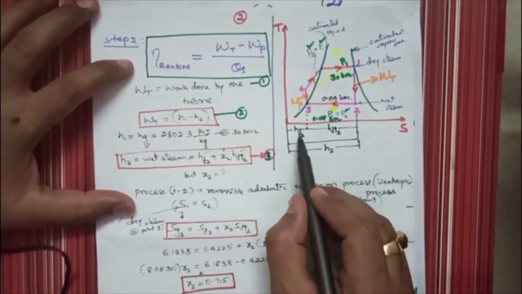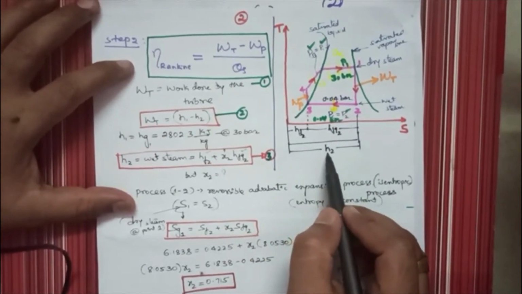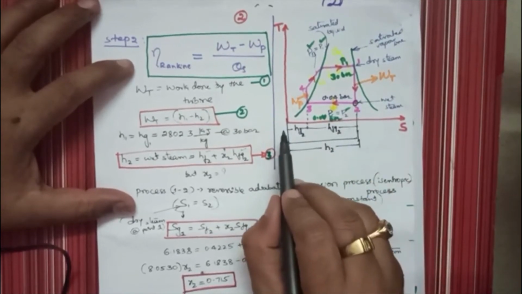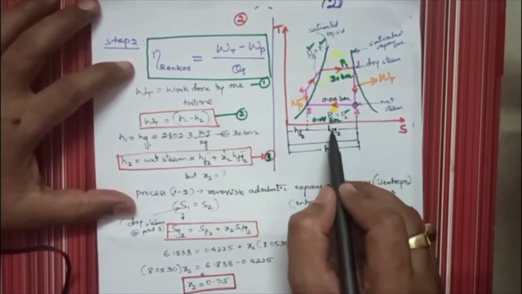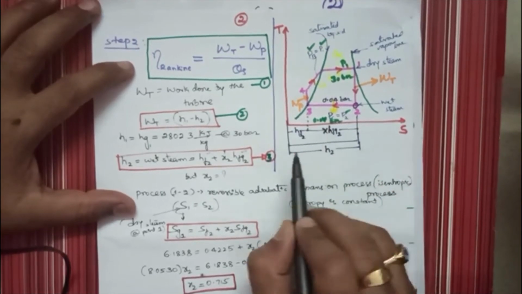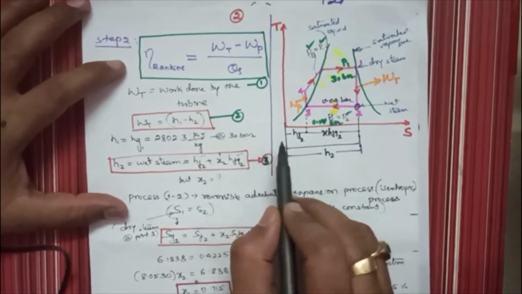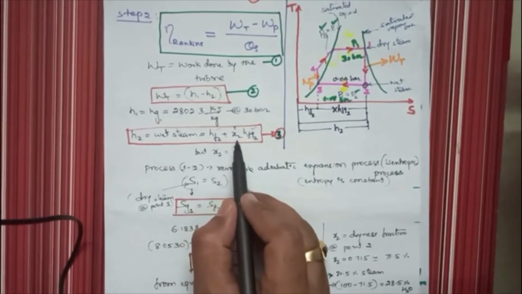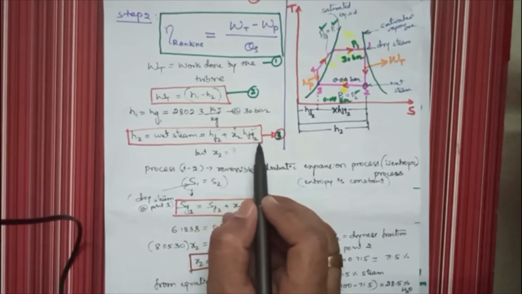If I add these two, I will get H2. Understood? But I don't know the quality of steam at point number 2. X value I don't know. So I have to multiply X with this HFG. Understood? So that is the reason I have written wet steam as HF2 plus X2 HFG2.